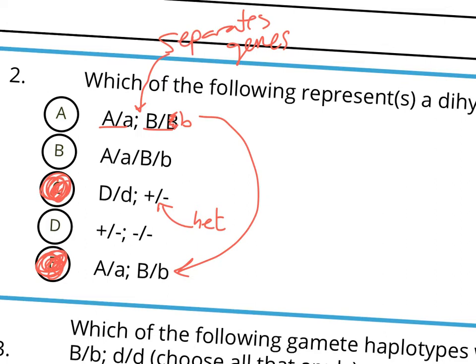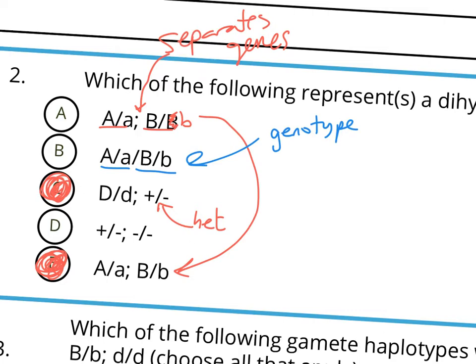Why isn't B a correct answer? There's no semicolon in the middle; instead there's a slash. So this is the genotype of a tetraploid organism. If an individual has four copies of every chromosome, that would be a genotype, for example. It's kind of weird, because why would we have two different sets of letters representing one gene?